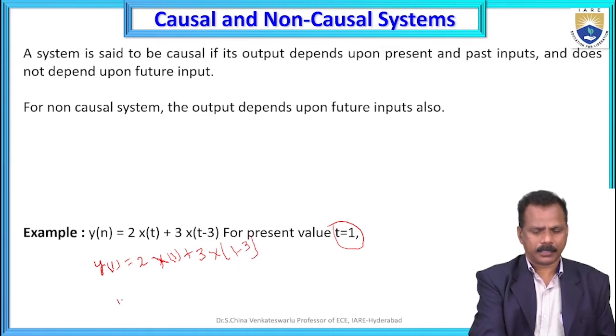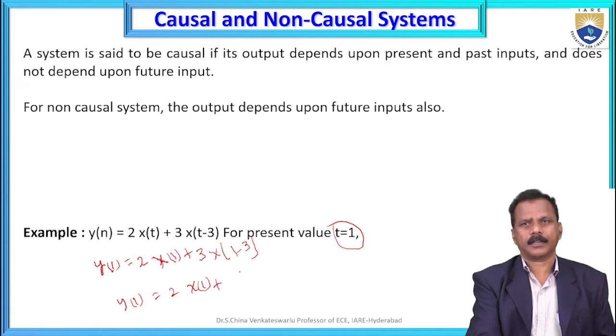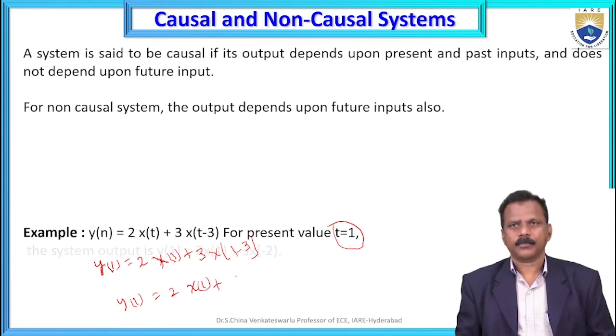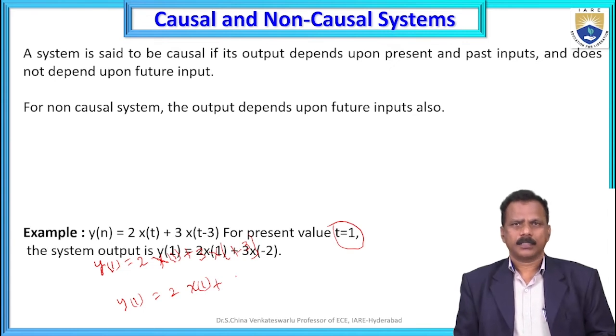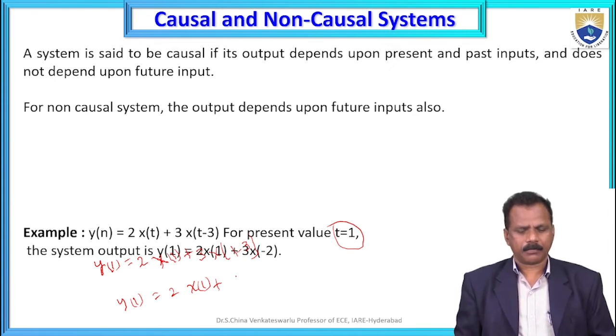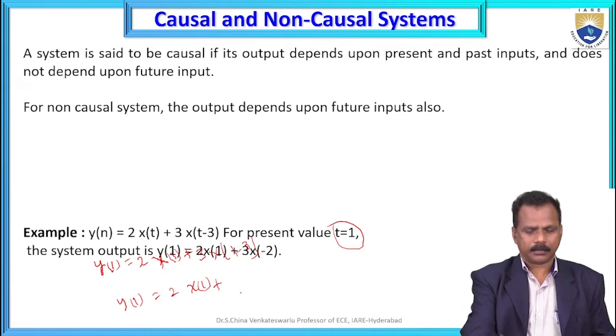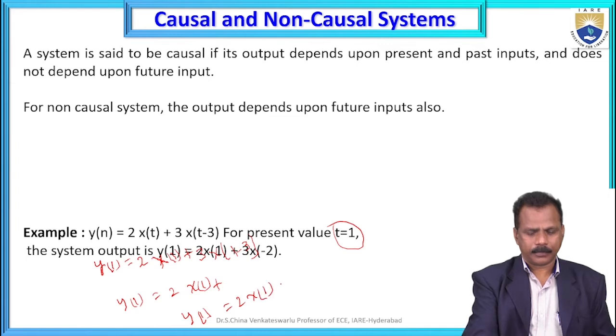That means y of 1 is equal to 2 into x of 1 plus 3 x of minus 2.